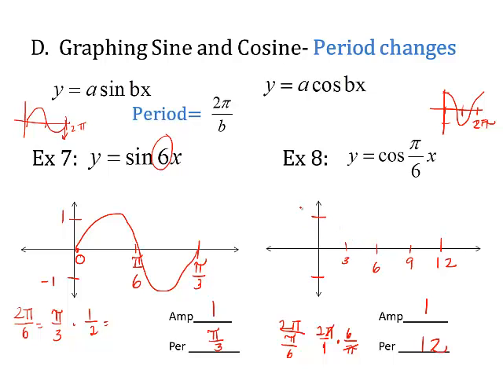Amplitude is still 1, so it's 1 and -1. And if the cosine starts at 1, this one's still going to start at 1. It's going to reach its low point right in the middle, which is now 6, and go back to its high point at the end of the period, which now is at 12. So you can see that labeling your axis is extremely important, and using the correct parent function, very important as well.